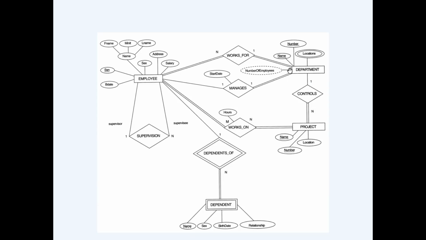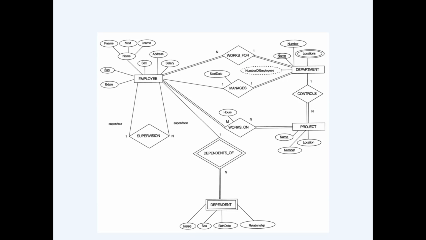An employee can manage a department and a department should be managed by an employee. So this is one-to-one. Take an employee, they can manage one department. Take the department, you have one employee. This is called a one-to-one relation. So we talk about the maximum cardinality here.